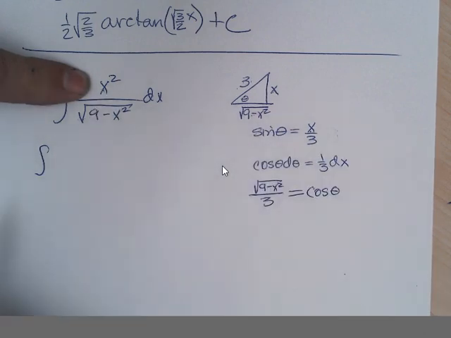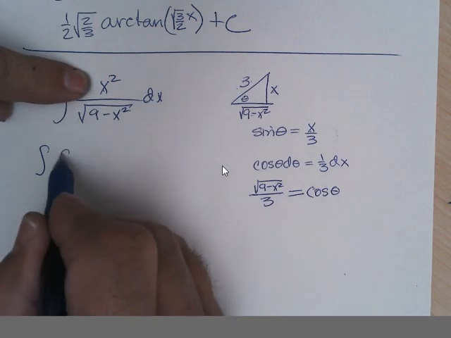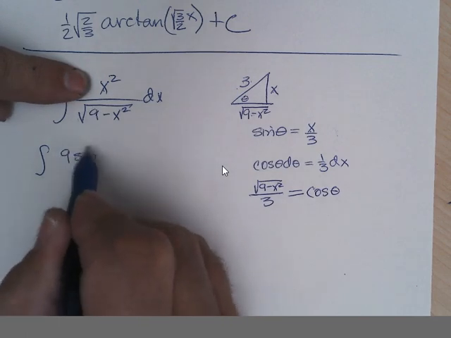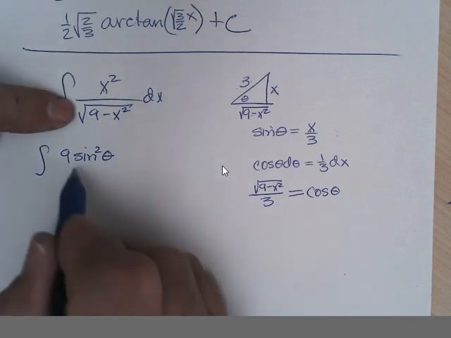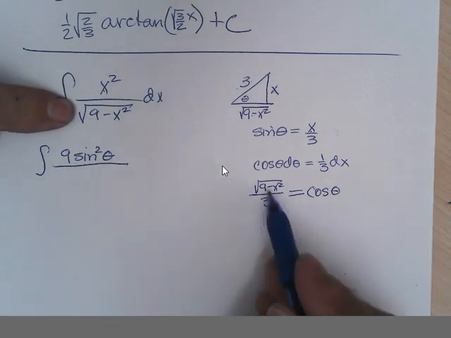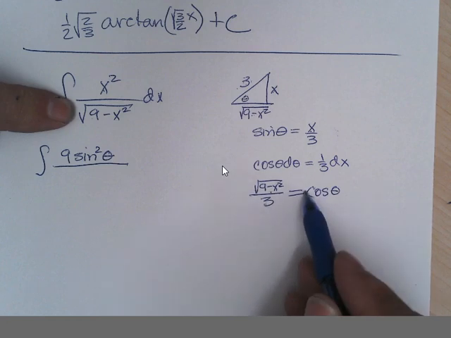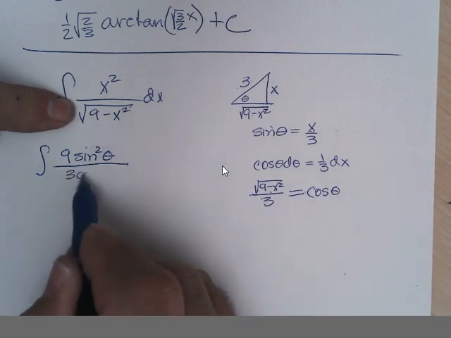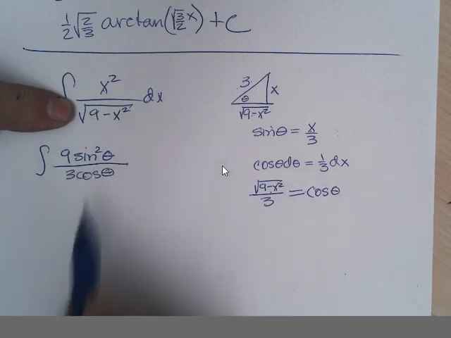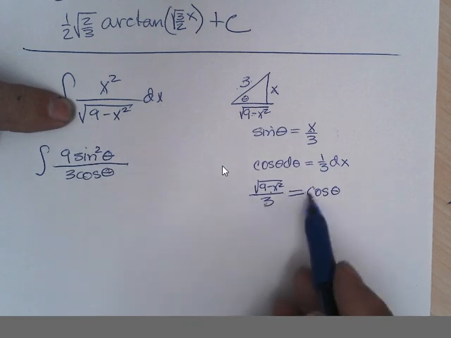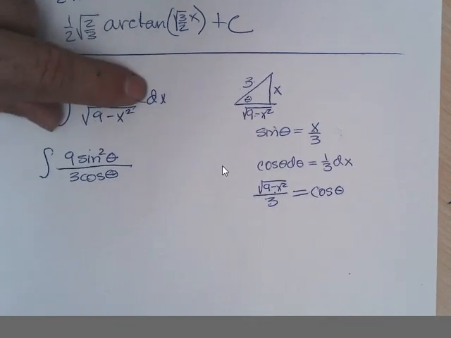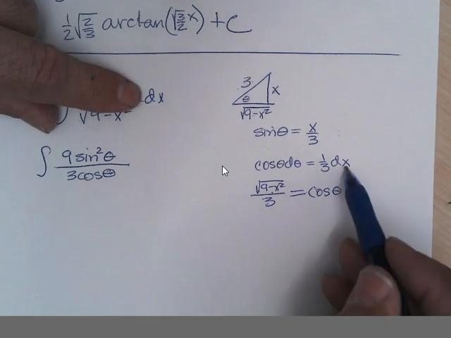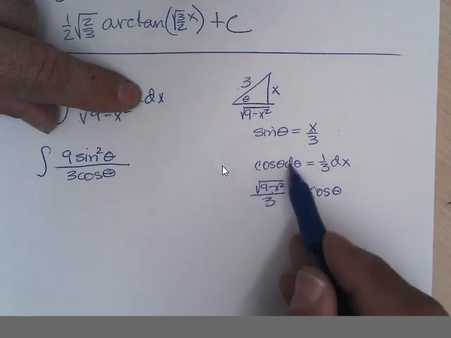So x squared would be equal to 9 sine squared theta. What's that denominator equal to? Well, if you multiply by 3, you get the square root is equal to 3 cosine theta. What's the dx equal to? 3 cosine theta d theta.